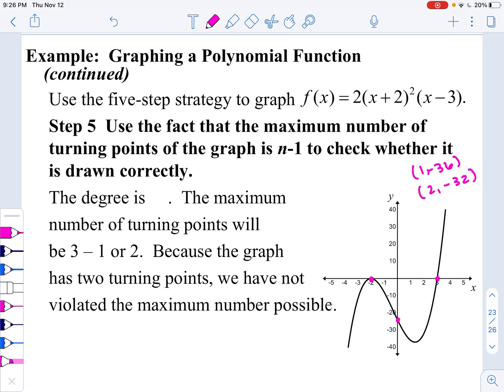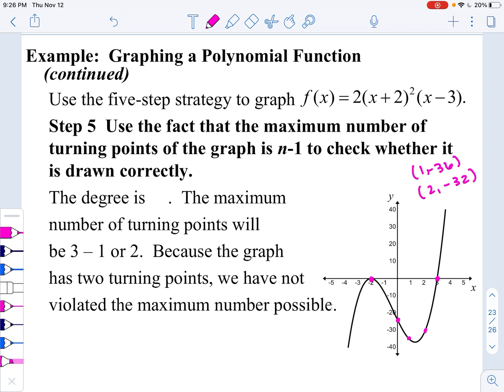So over at 1, down at -36, somewhere about here. And over at 2, we are at -32. If you wanted to get even more exact, you could try 1.5 or whatever else, but at that point that would only be an estimate as to what happens within there.